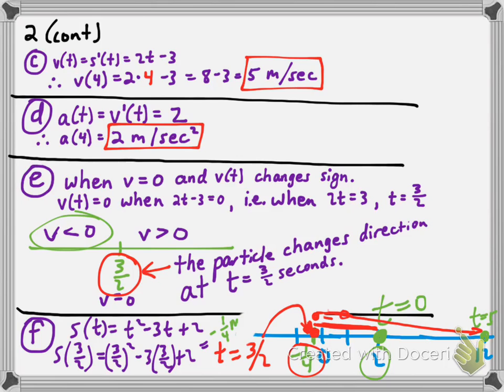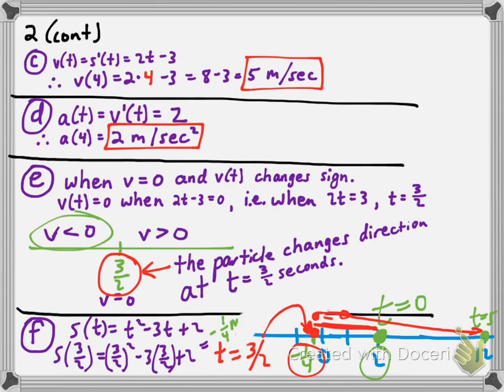So really seek to understand this, because this is where students really have a tough time when they just try to memorize the process instead of understanding why and how it all works together.